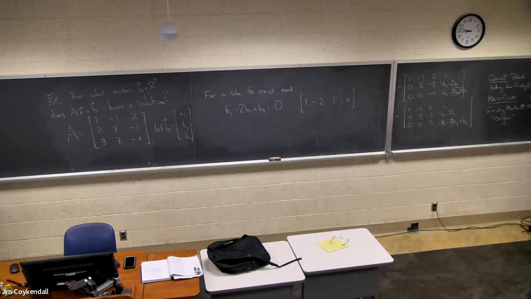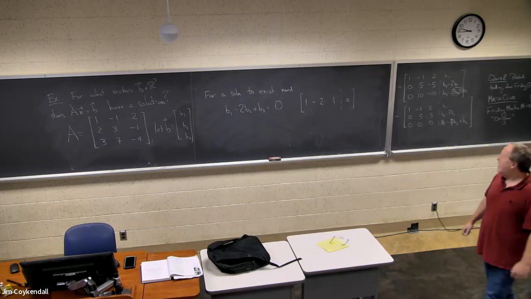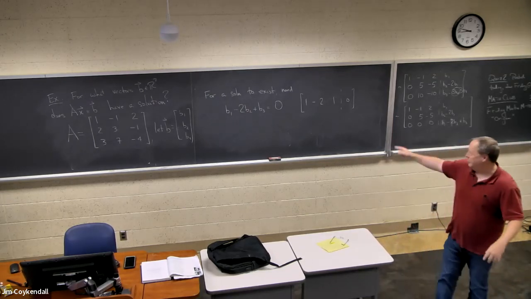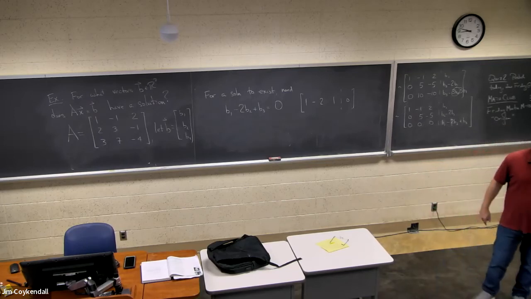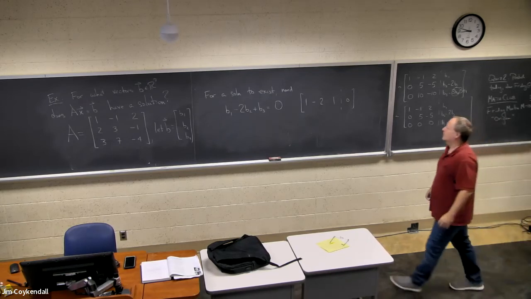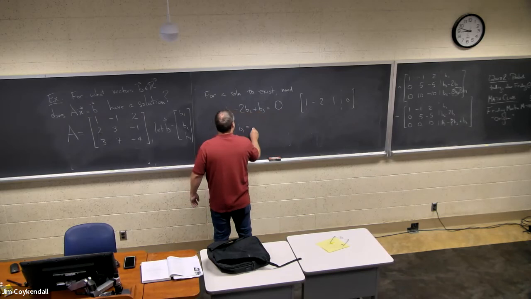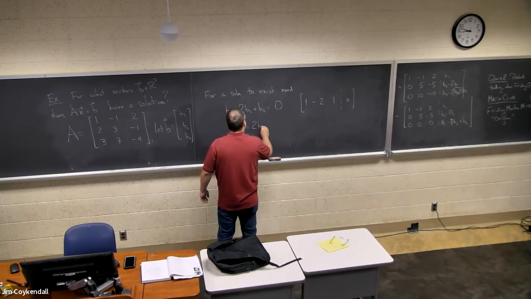There's only one row, right? How many pivot columns do I have? 1. It's just the right, I mean, column seems like a silly word, right? It's just a number, but I just got 1 pivot column. How many variables did I have? 3, right? So there are 2 free variables. So B1 is the basic variable.